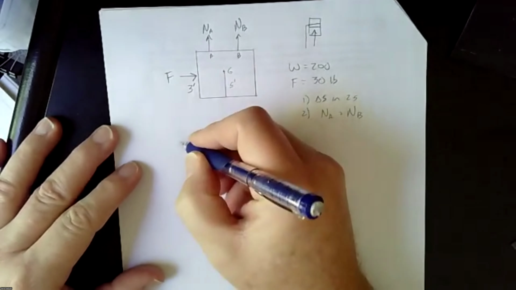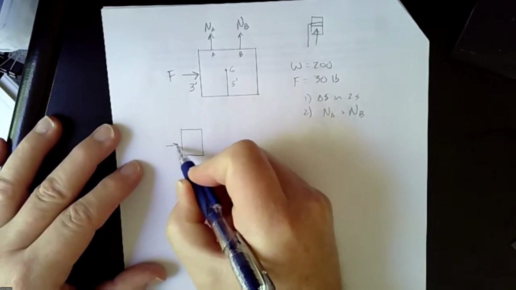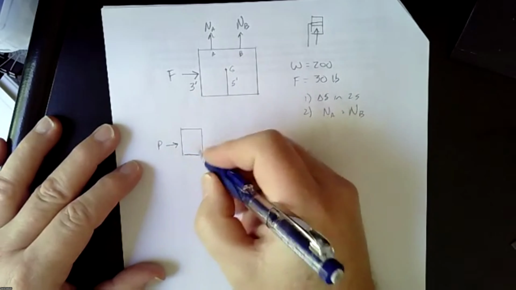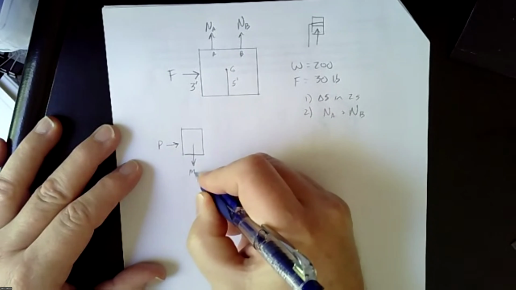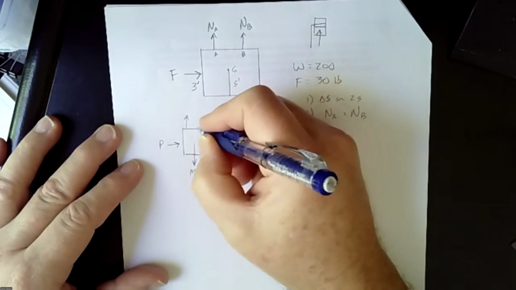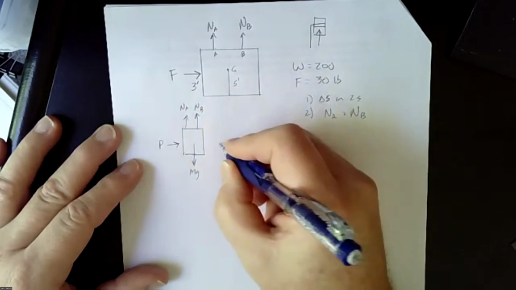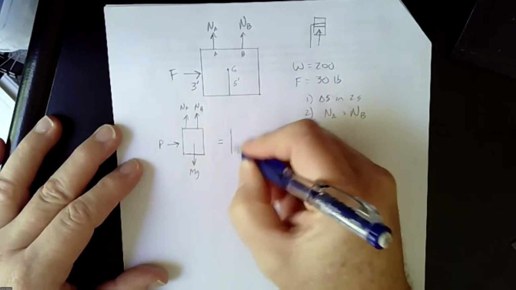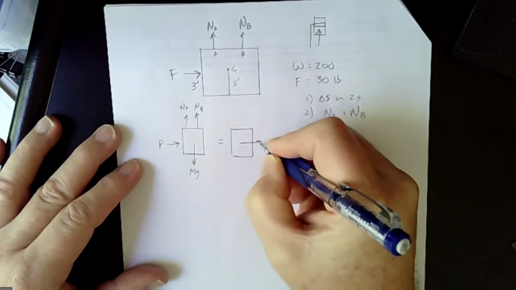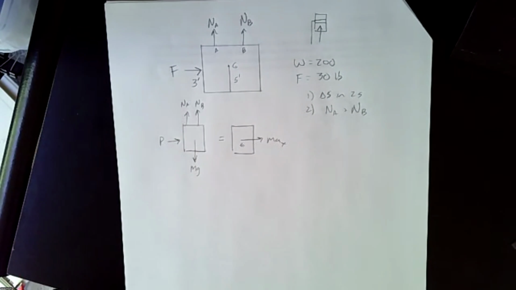So first, you start off with the free body diagram. There's P, there's our mg, and of course we have our NA and NB, okay? And that just equals this ma_x, and that's at the center of gravity, okay?